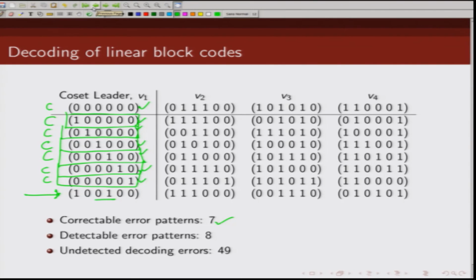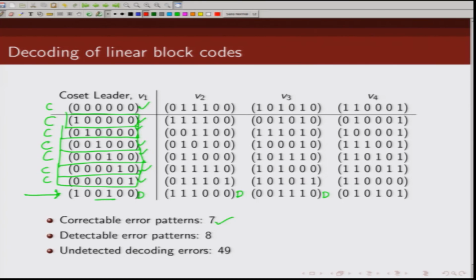Why? Whenever it points to this row, I know there is an error because syndrome is non-zero, but I do not know what is my error. So, that is why I call it as detectable error pattern. So, what are those detectable error pattern? This is my detectable error pattern, this is my detectable error pattern, this is my detectable error pattern. Maybe I can use a different color.